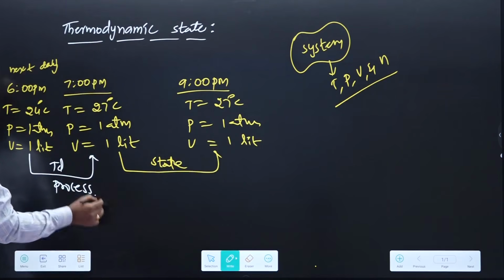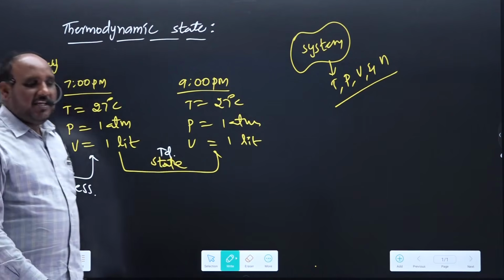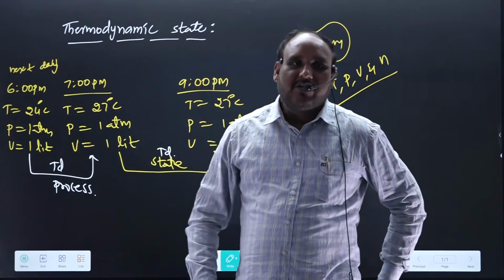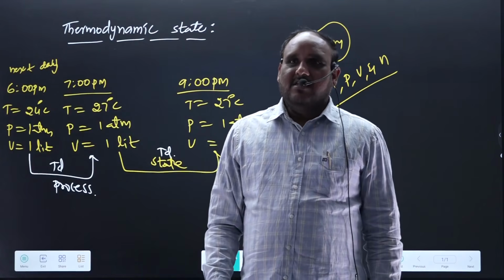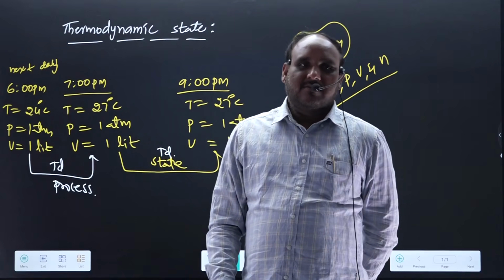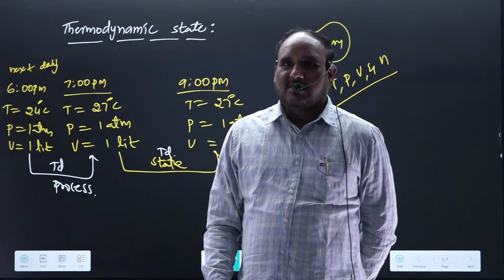Thermodynamic process. This is the word thermodynamic state. Any property that does not change with time is known as thermodynamic state, right? If that particular property is changed with respect to time, that is called thermodynamic process, right?